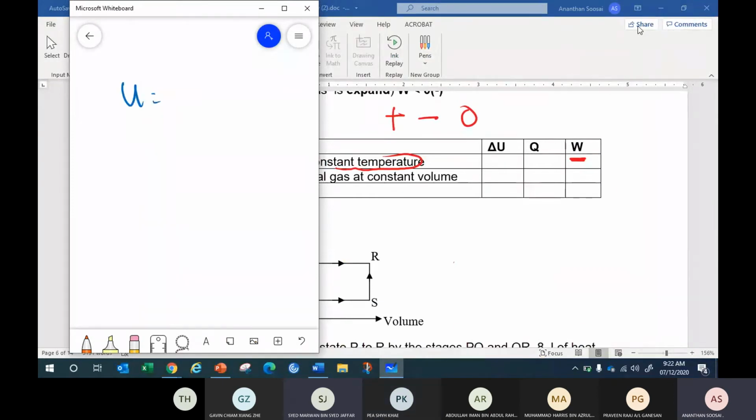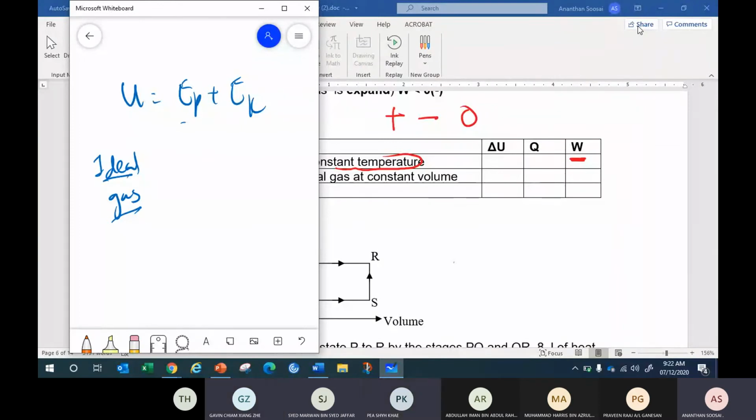Okay, internal energy is what? EK plus EP. The question is about ideal gas. For an ideal gas, which energy is zero? EP is zero.